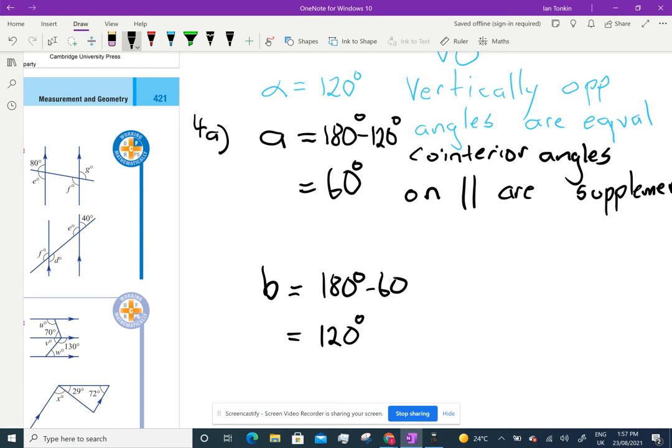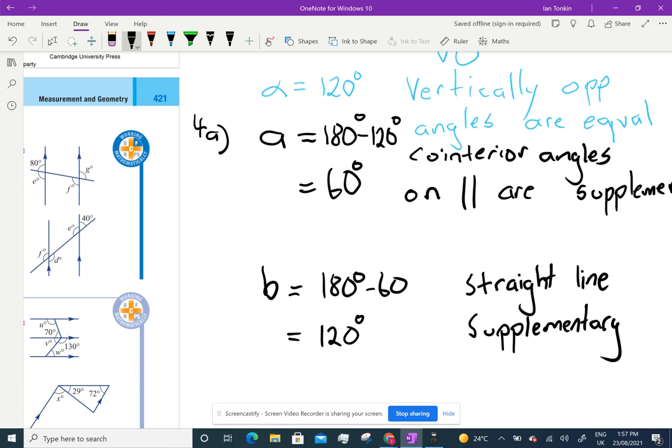Now, you can't just say supplementary, because supplementary just means 2 things add up to 180, or 3 things, or more than 2 things. What you need to say is, well, they're on a straight line. And they're supplementary. So you need to be very particular.